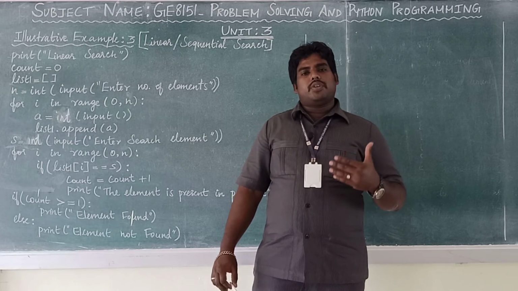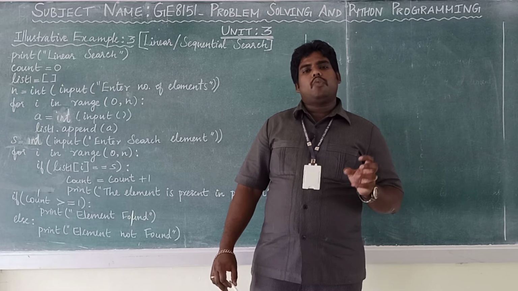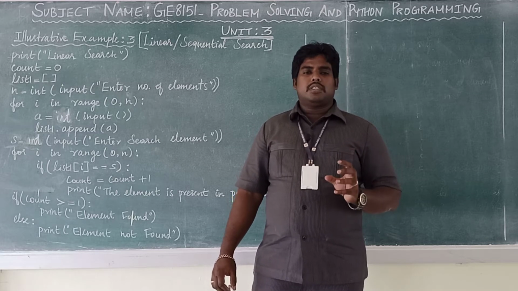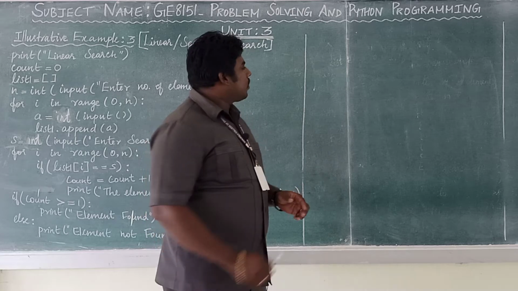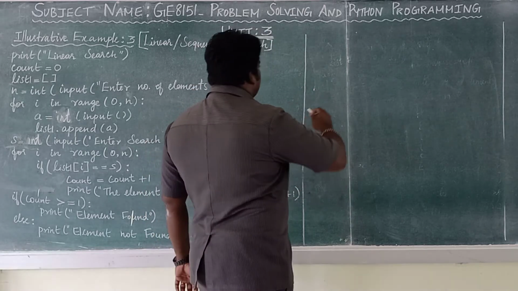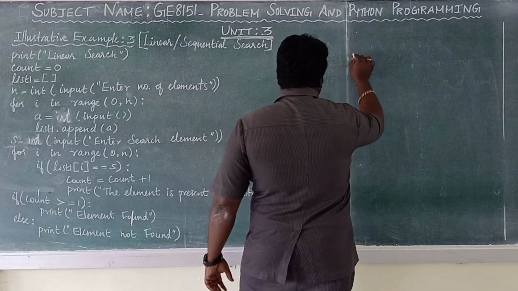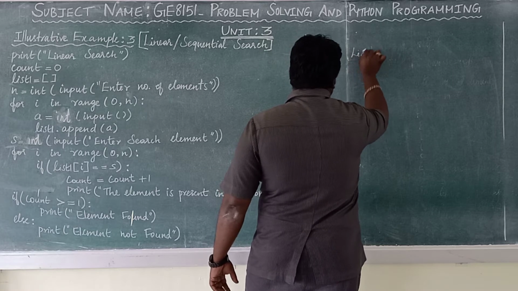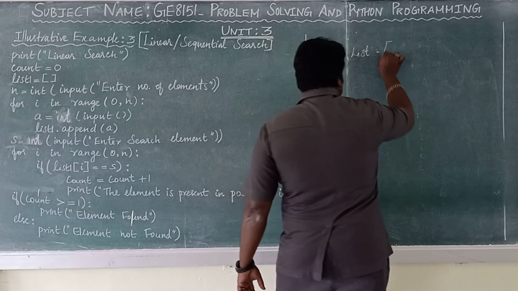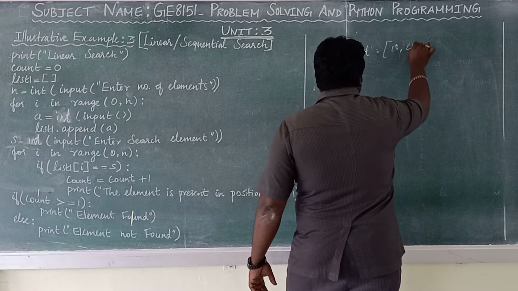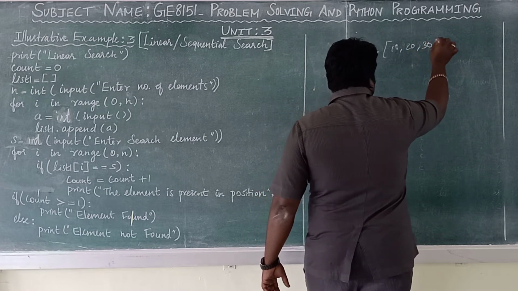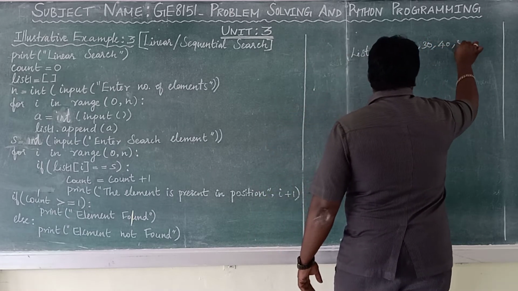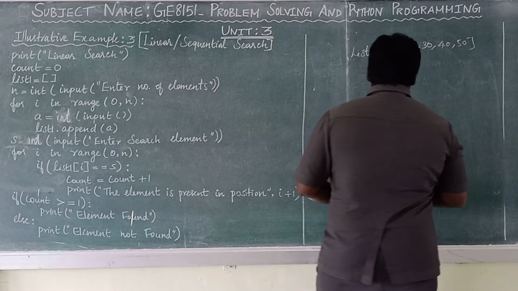First of all, I am going to explain the logic of how to do the linear search. Then we will see the program. First, one list is there. For example, list equal to [10, 20, 30, 40, 50]. This is the list.